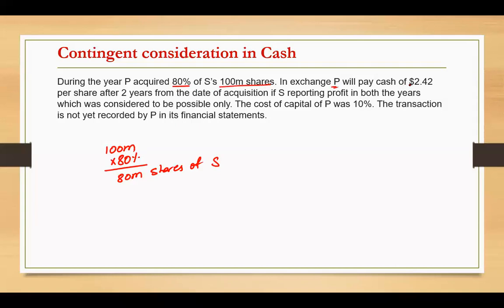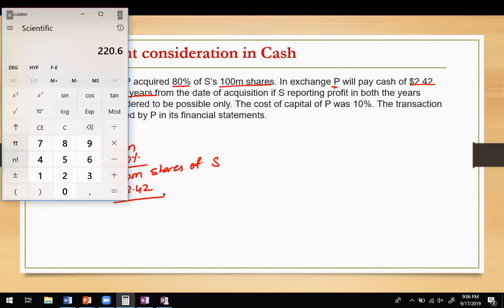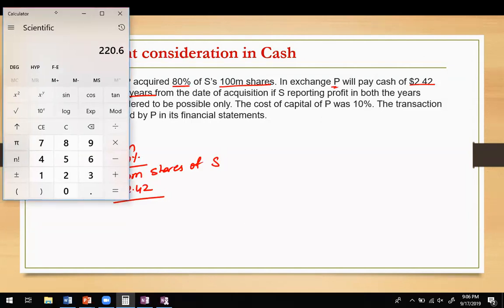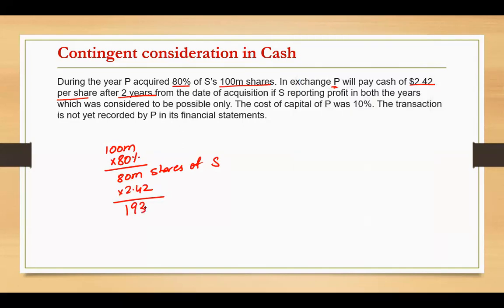In exchange, parent will pay $2.42 per share after 2 years. So if I use the calculator, 80 million into 2.42 is going to give us a value of $193.6 million.